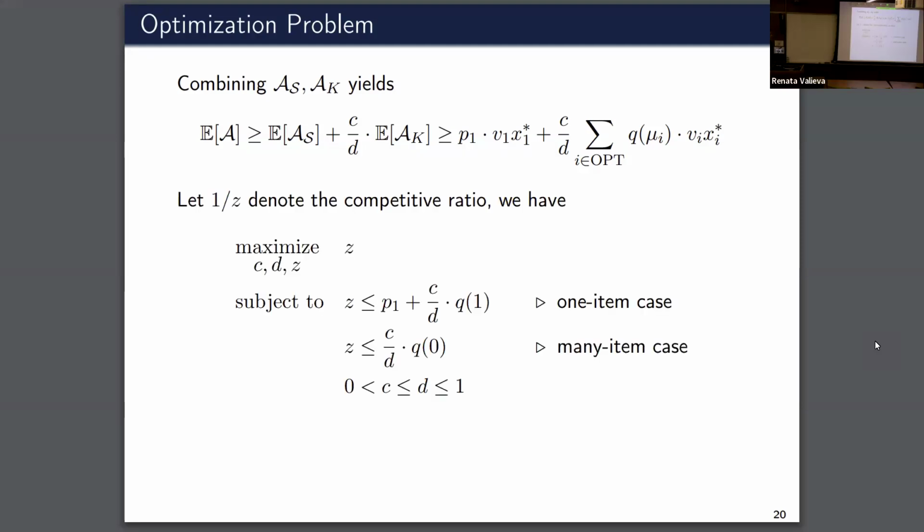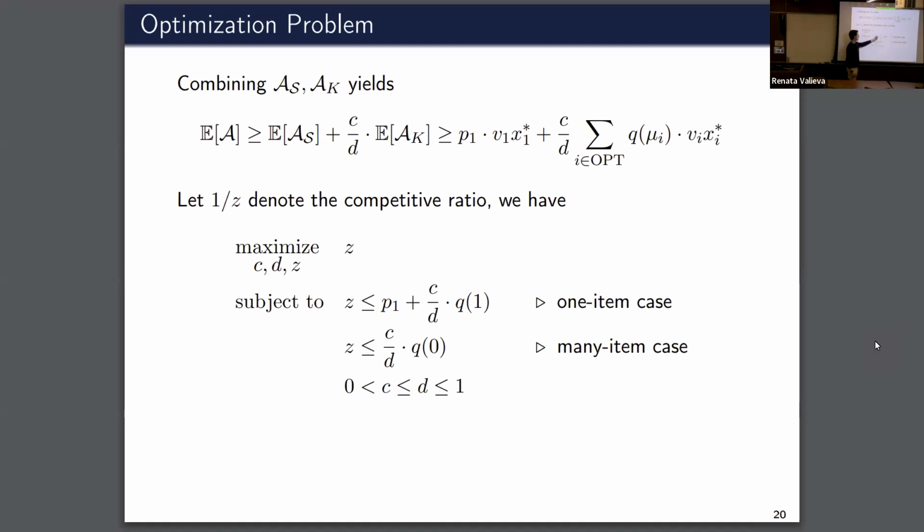How do we optimize them? We will show that this works, but just to upper bound, to say it cannot do better than that, we have the one item case and the many item case. Suppose the optimal solution is just one item. There is just one item, okay?